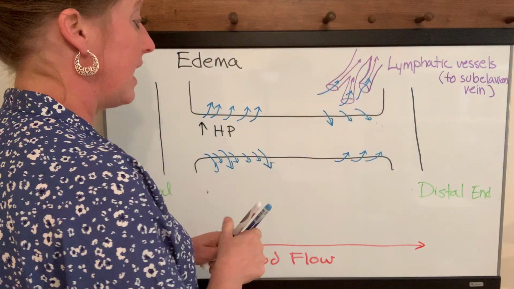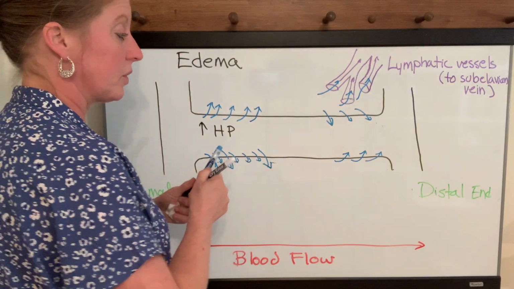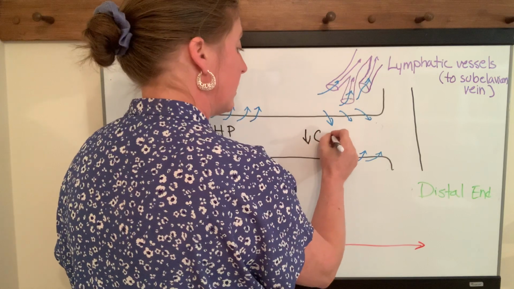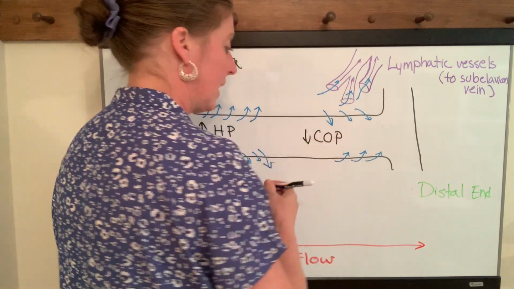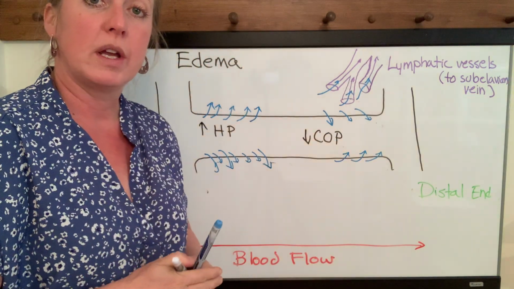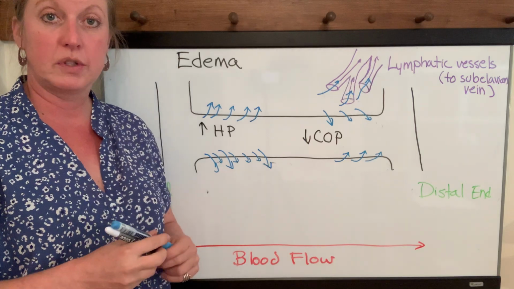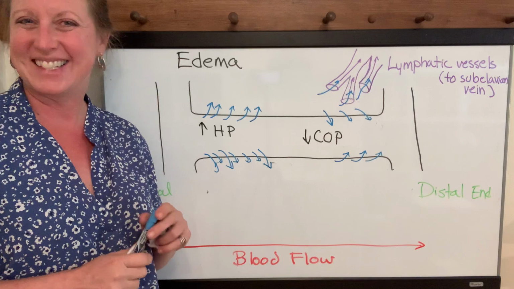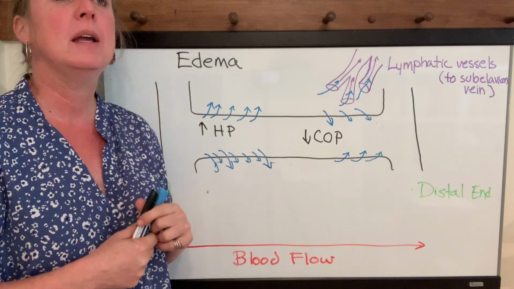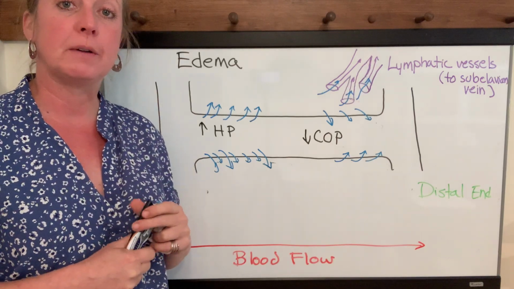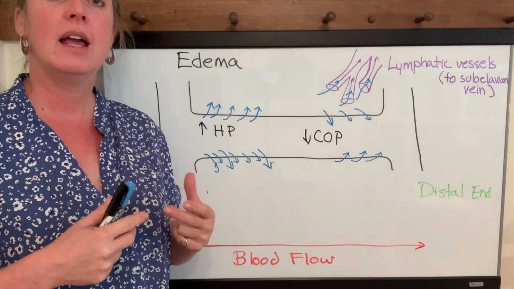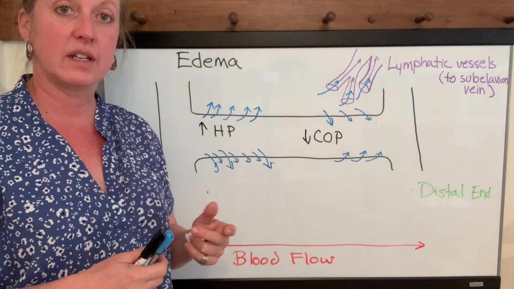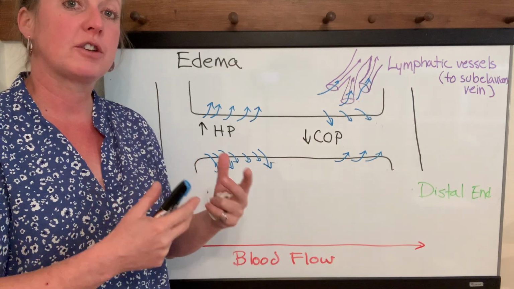Another thing that can cause edema is a decrease in the colloid oncotic pressure. This happens when you lack dietary proteins. We haven't discussed it yet because it's in the blood video, but something called kwashiorkor, where children have a protein deficiency, and because of the protein deficiency, they aren't able to manufacture albumin.